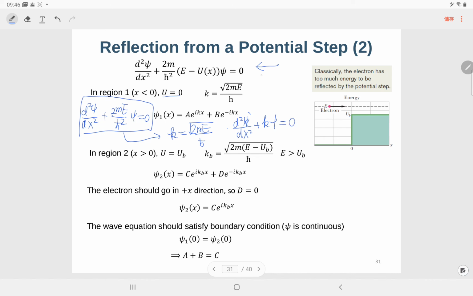So actually you can have s squared plus k squared equals 0. This one should be squared because we already have the square root there. So s is plus or minus jk, or ik.